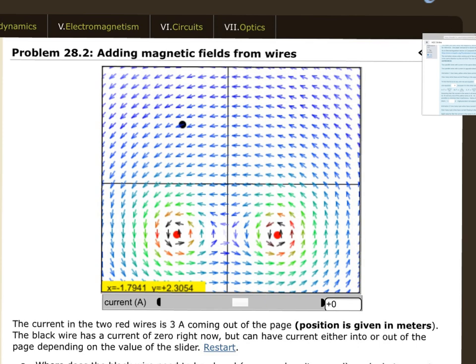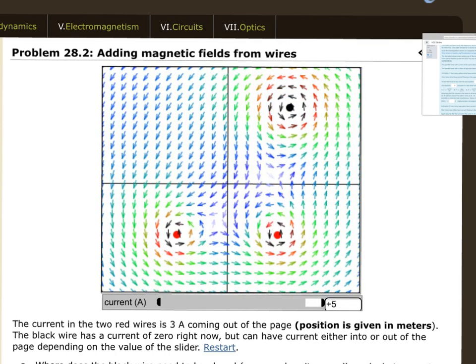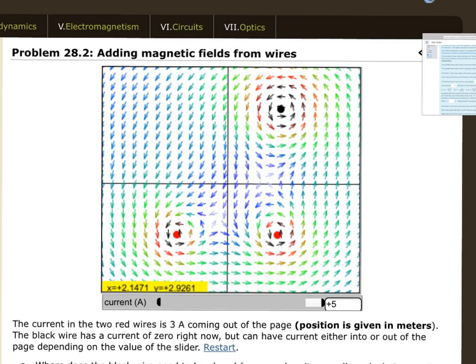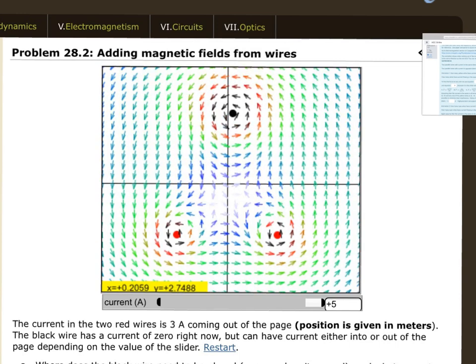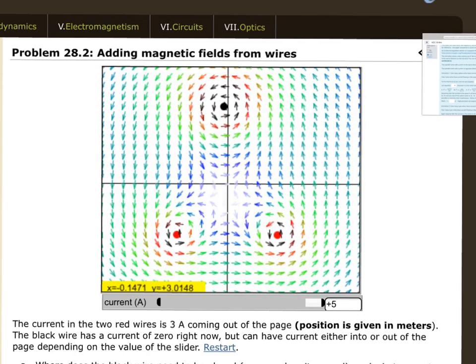So I can put it anywhere I want. And I have a slider here where I can turn on the current. So let's put the current all the way up in the positive sense to 5 amps. And then as I move the wire around, you can see it now has a field, which is in what direction? Also coming out of the page, right?